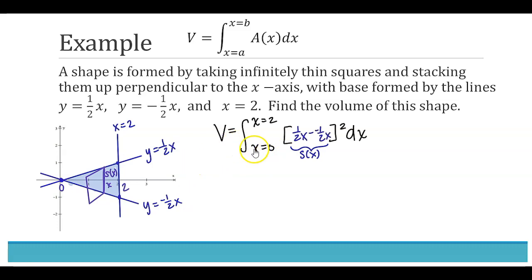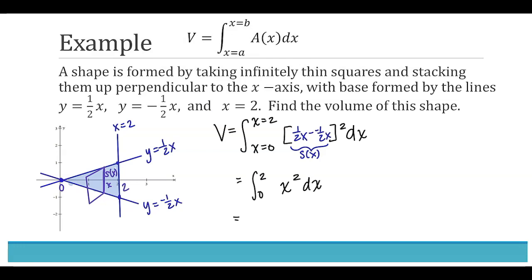I like to include variables in my limits of integration because I want to make sure that I'm consistent throughout the problem, that I'm using the same variable. So here I have 1/2 x minus negative 1/2 x, which combines to just be x squared dx. So the integral that I'm evaluating is simply the integral from 0 to 2 of x squared dx.